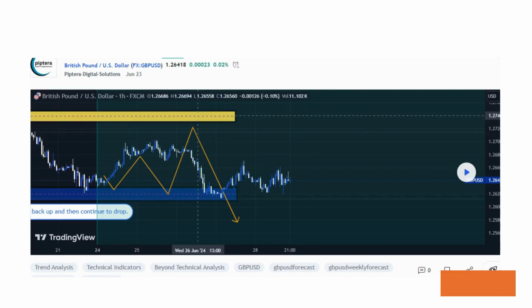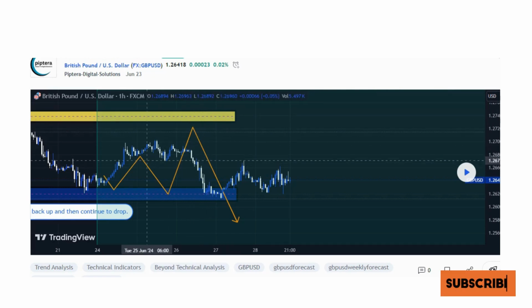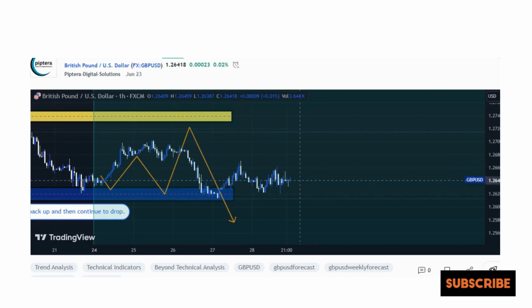It didn't hit this resistance zone, as we showed here, that the price may not reach this zone, but somewhere around this zone the price will drop. So it went halfway and then came back to retest this support zone, and let's see what happened next. Now, after the price came back to retest this support zone, it's trading above the zone. So let's see what will happen next week, guys.